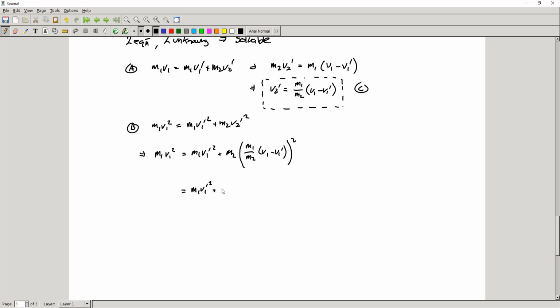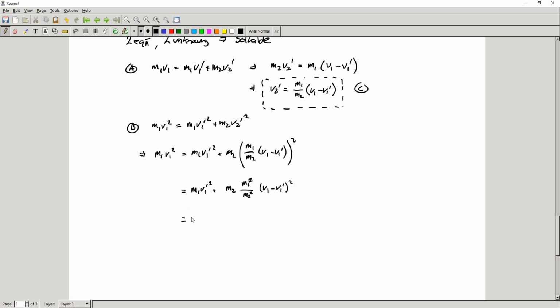Okay, so let's expand out what's happening inside those brackets. So we have an m2 here. If we do the squaring here, we can square the first term. We're going to end up with an m1 squared over m2 squared, and we're going to have a v1 minus v1 prime squared, right?